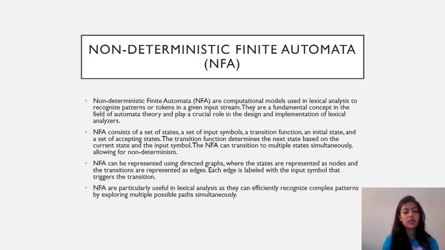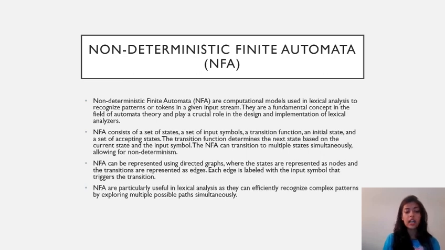An NFA consists of a set of states, a set of input symbols, a transition function, an initial state, and a set of accepting states. The transition function determines the next state based on the current state and the input symbol. The NFA can transition to multiple states simultaneously, allowing for non-determinism.